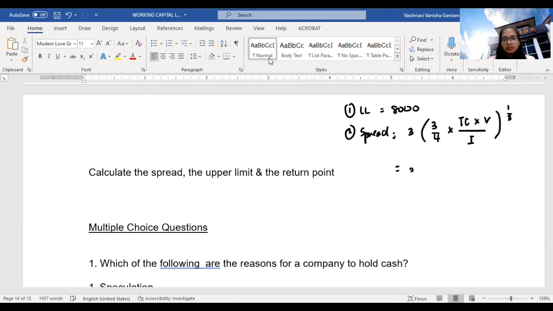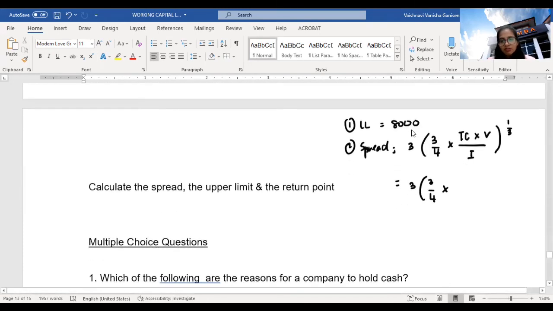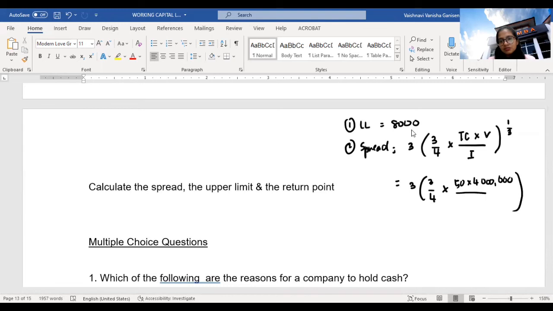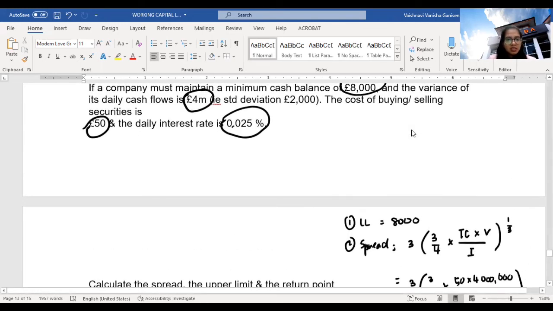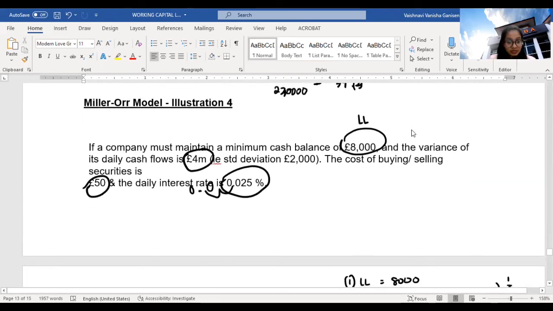So here, 3 over 4 multiplied by the transaction cost of $50. Variation is 4 million. Please remember to show the daily interest in decimal form, so 0.00025.